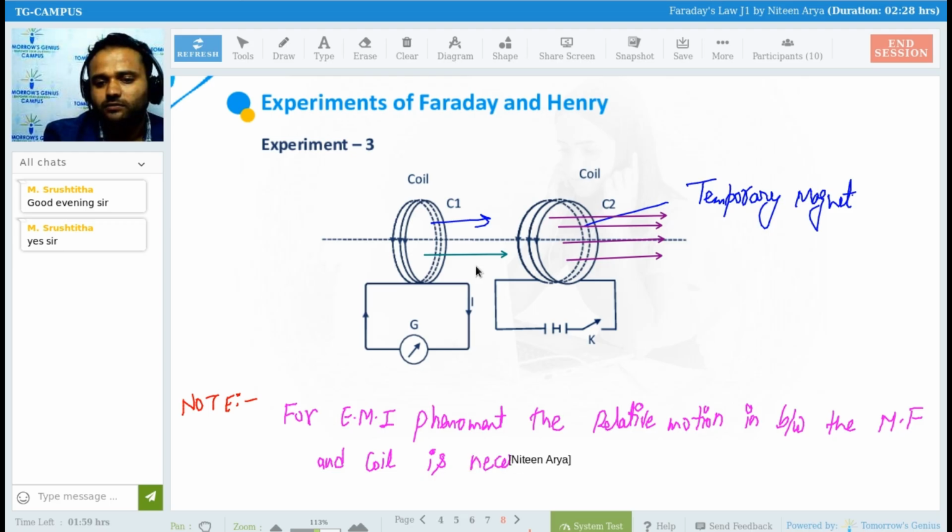That is the note. Is this clear, beta, everyone? Is this clear or understood?